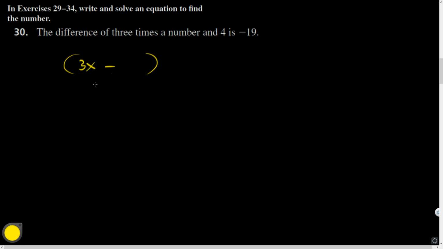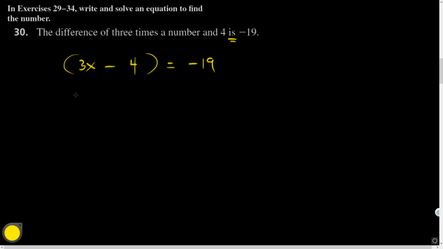You could use any letter you want as a variable. And 4, so I'm subtracting 4 from 3x, equals -19. So in this case, those parentheses weren't necessary, but it's still not a bad idea to be in the habit and the routine of when you hear difference, put parentheses. If you hear sum, put parentheses.